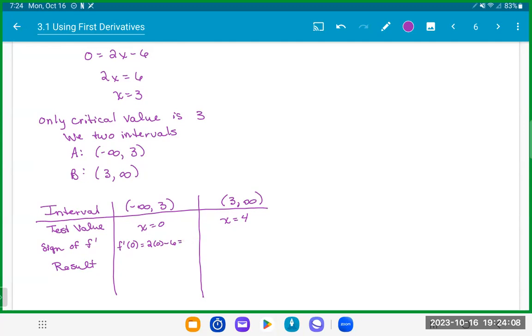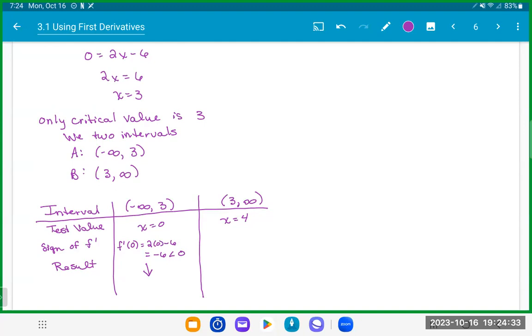I'm going to write that on the next line. So this equals negative 6, which is less than 0. So because my derivative is negative or less than 0, my result is I am decreasing. Okay, so my graph is decreasing on the interval negative infinity to 3.